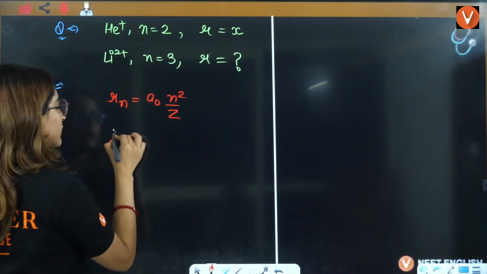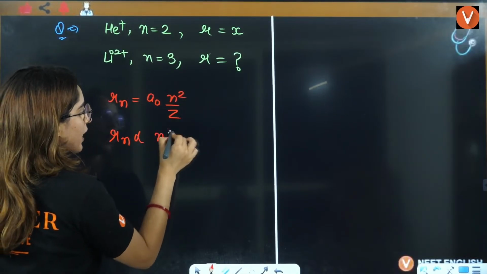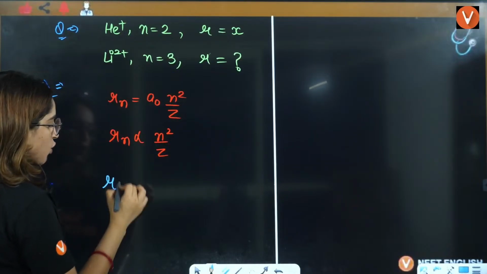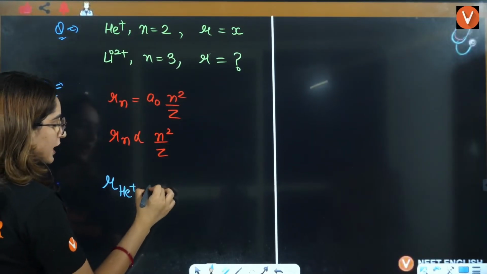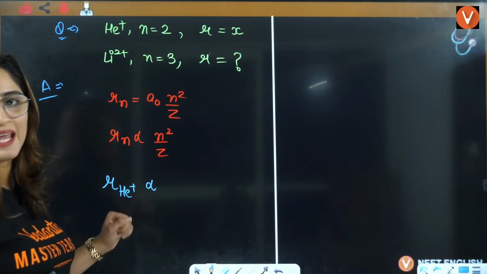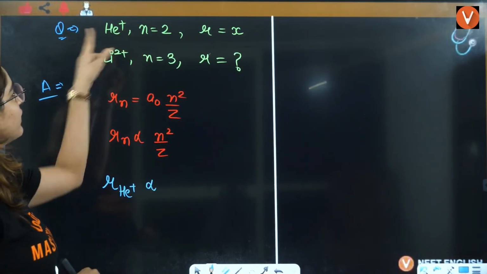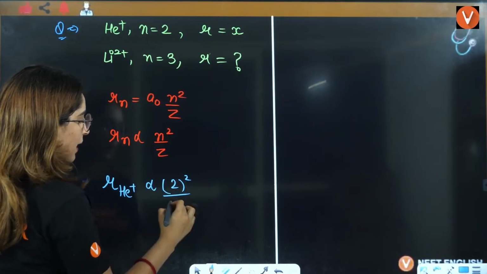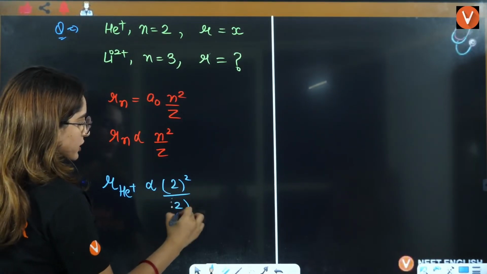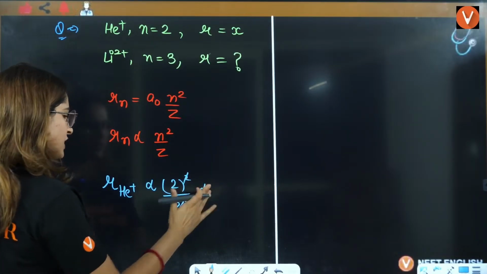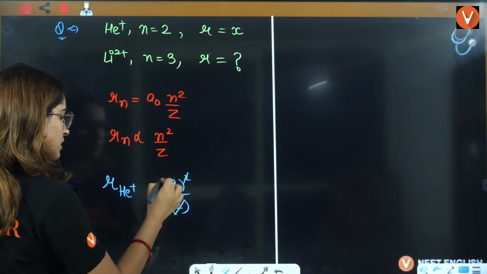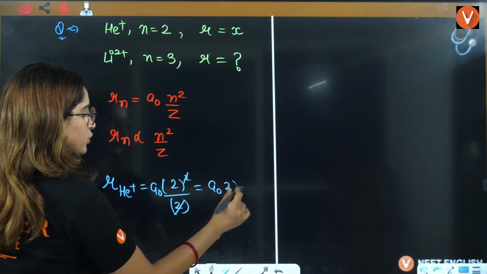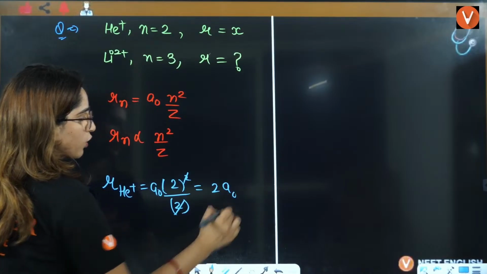Or you can also write it as Rn is directly proportional to n square by Z. So for radius of helium positive, it is directly proportional to what? n for helium is given to be 2, 2 square by Z is 2. So you can write it as 2 into a naught.